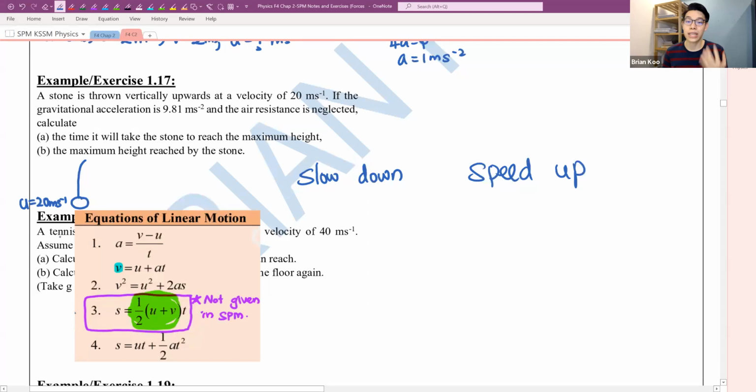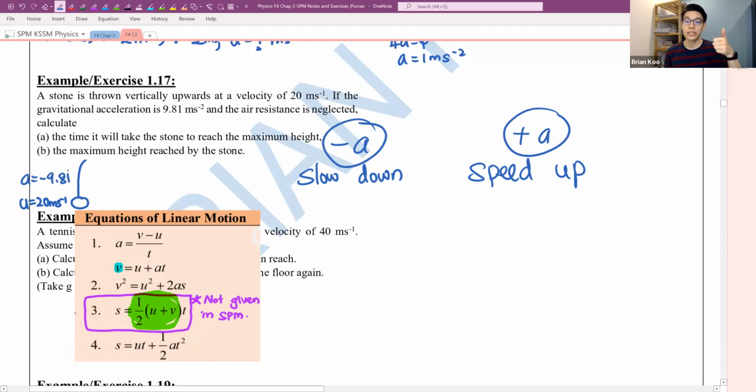And I said, what is the meaning of acceleration? Speeding up or slowing down. Speed up, positive. Slow down, negative. So no more confusion here, I hope. If I go up, just ask yourself, am I getting slower? Yes. Acceleration, negative 9.81. All good. If I am slowing down, negative 9.81.